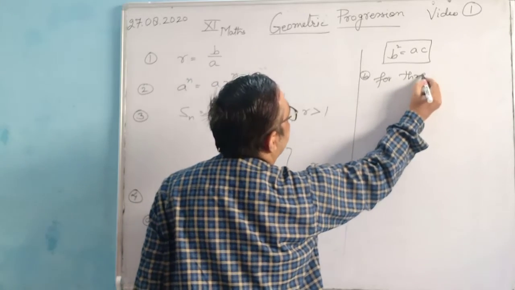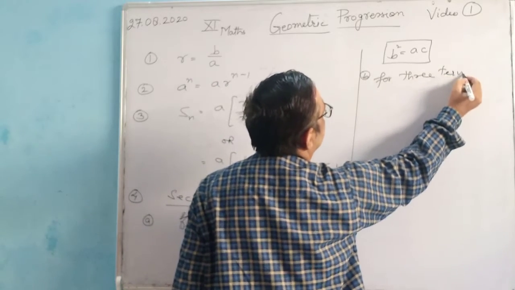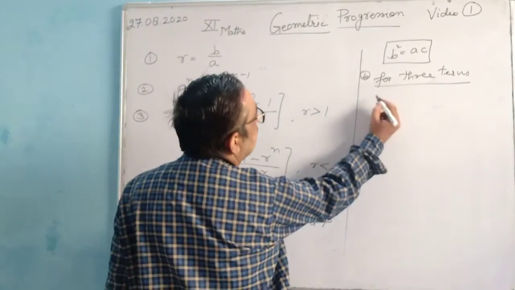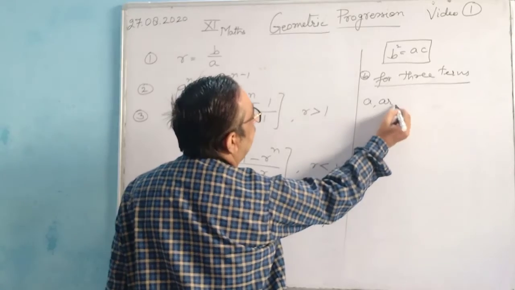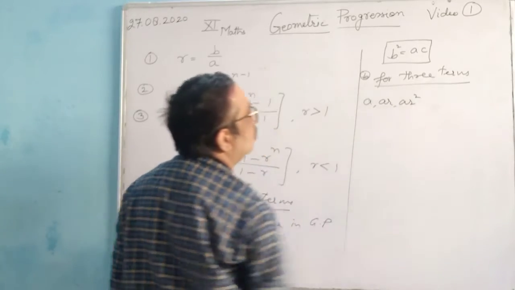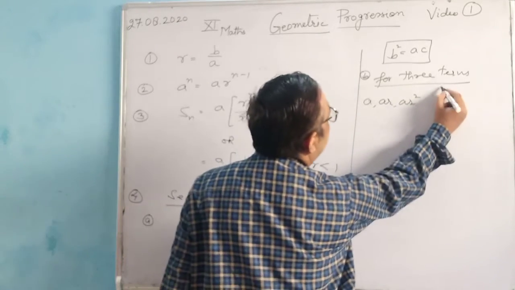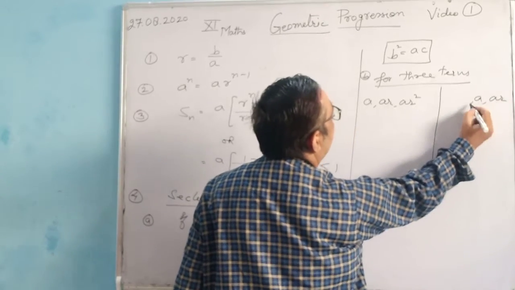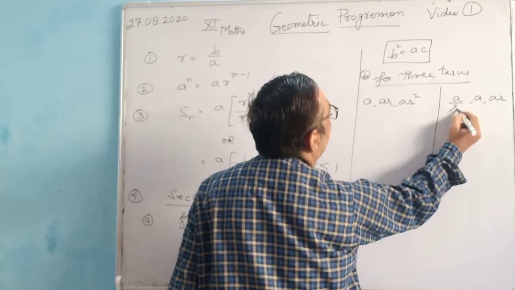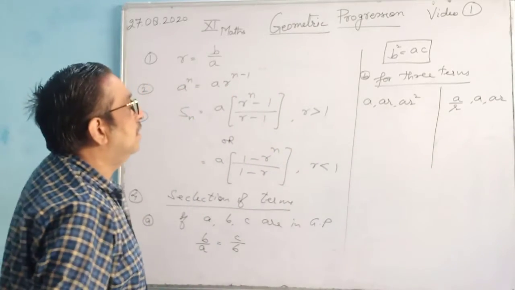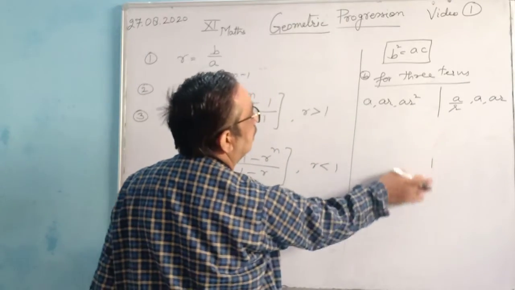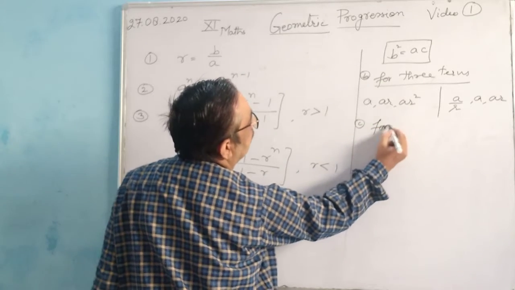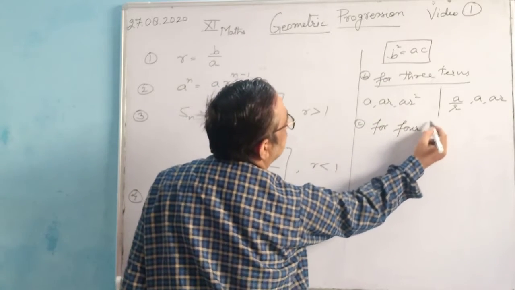For three terms, there are two methods. One is a, ar and ar squared. Other way is a, ar and a upon r. Second case, for four terms.